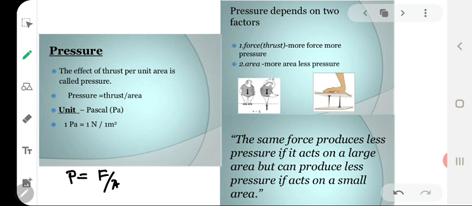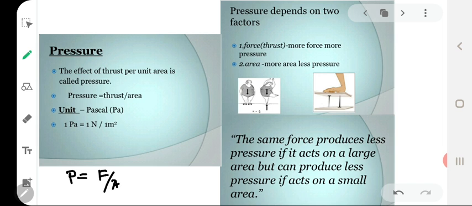We know that SI unit of thrust is Newton and the unit of area is square meter. So SI unit of pressure becomes Newton per meter square, and this unit has been given the name Pascal after the scientist Blaise Pascal. So 1 Pascal is equal to 1 Newton per meter square.